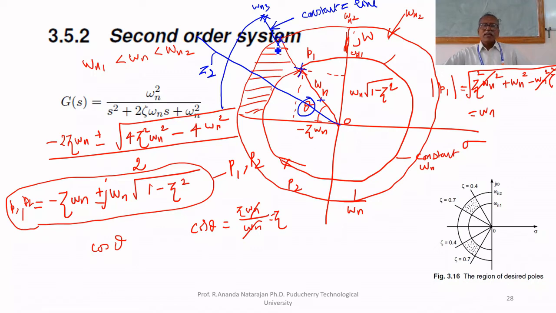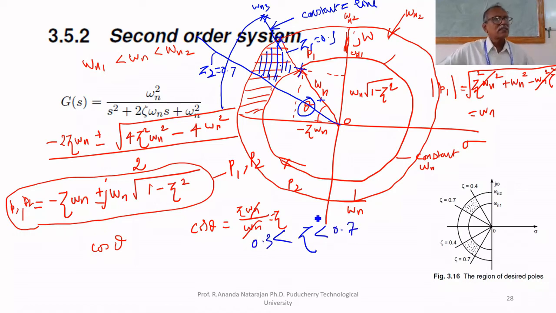If you select any point between these two zeta lines, suppose zeta 2 is 0.7 and zeta 1 is 0.3, then its zeta value lies between 0.3 and 0.7.